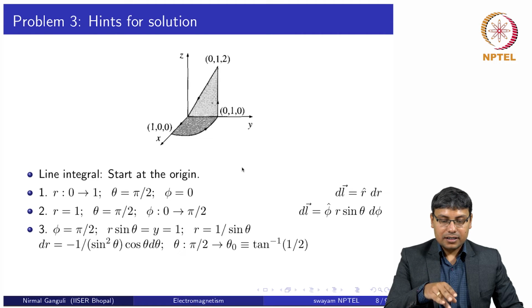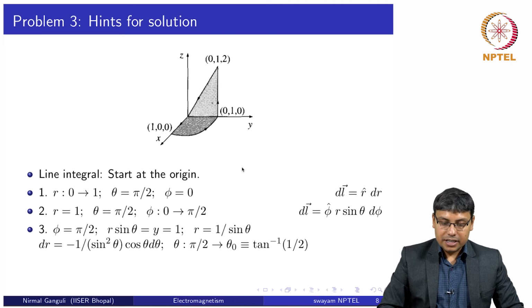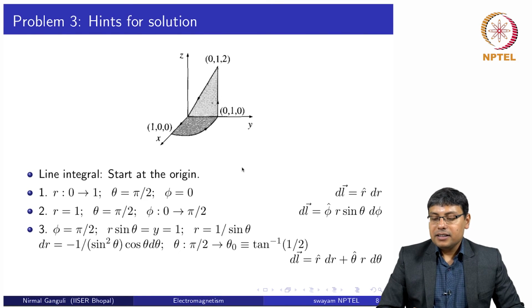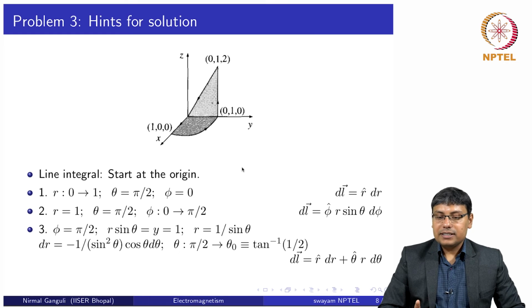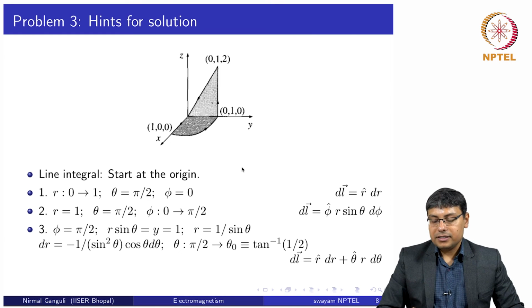This is if we have r given as 1 over sin theta, then this would be the expression for dr. Theta would range from pi by 2 to theta naught. Theta naught is the value of theta at the top of that line. So theta naught will be given as tan inverse of 1 over 2, and dl, the line element along this vertically upwards line, that is a line along z direction, would be given as r cap dr plus theta cap r d theta.